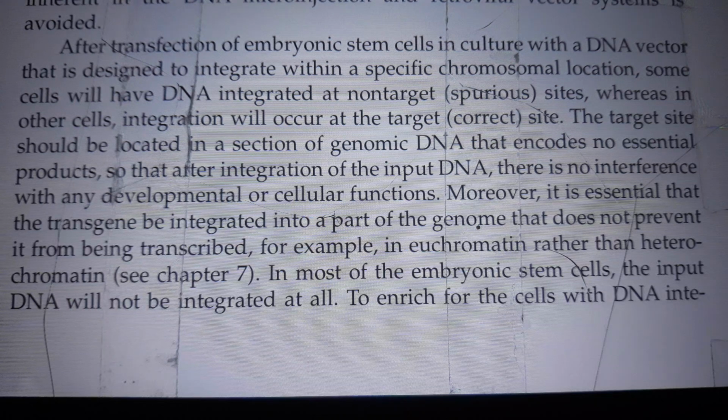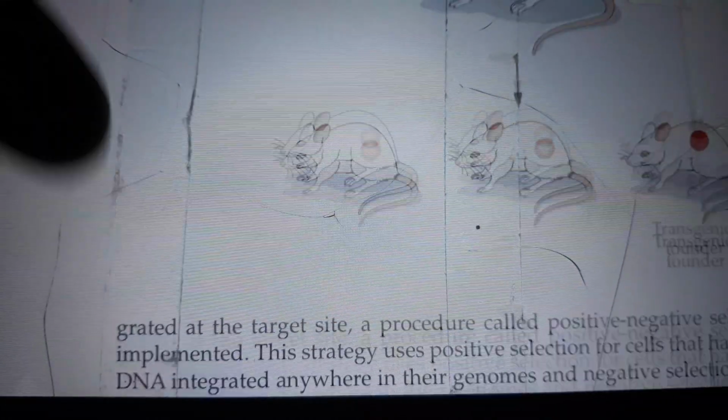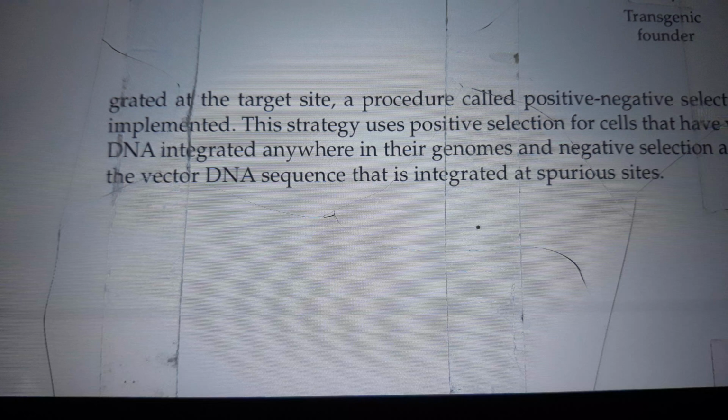Moreover, it is essential that the transgene be integrated into a part of the genome that does not prevent it from being transcribed, for example, in euchromatin rather than heterochromatin. In most of the embryonic stem cells, the input DNA will not be integrated at all. To enrich for the cells with DNA integrated at the target site, a procedure called positive and negative selection is implemented.